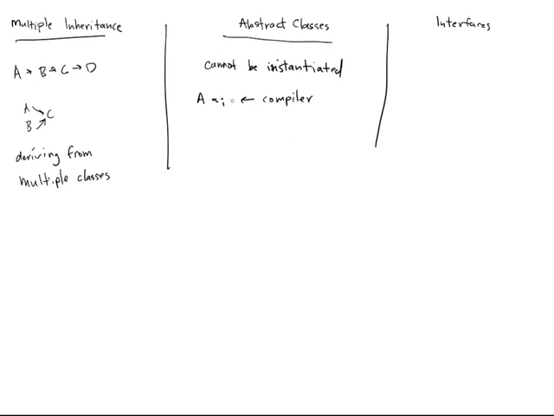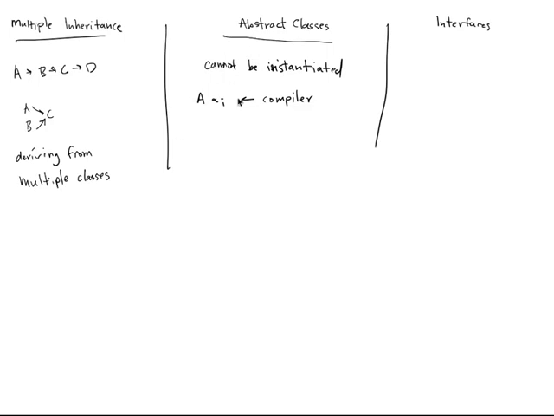It means that the compiler is not able to actually create a valid value on the stack for this type. And so this is useful when we want to define contracts, or we want to provide some base implementation for functions, but we don't actually want the user to be able to create an actual instance of this class.